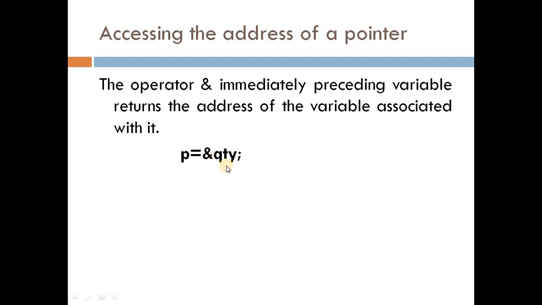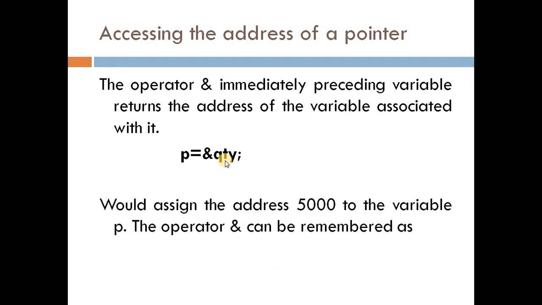So quantity is a regular variable and P is going to store the address of quantity. This would assign the address 5000 to the variable P.